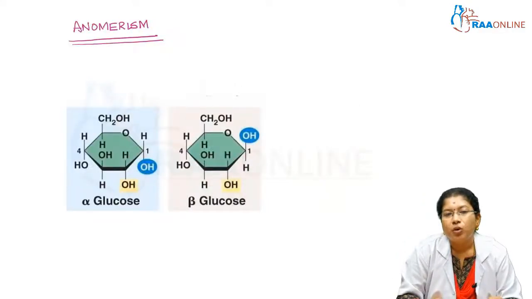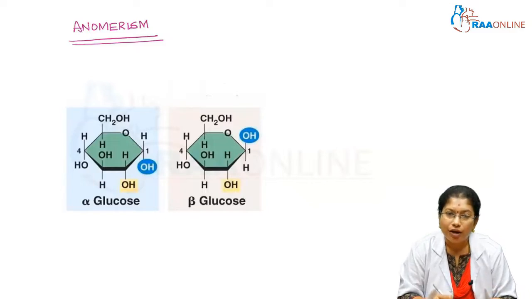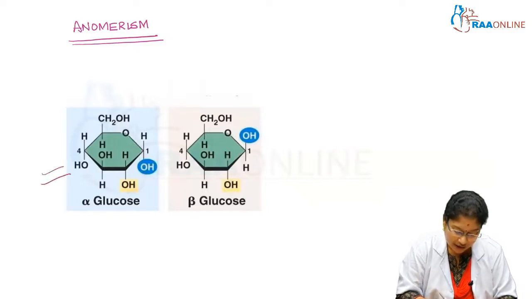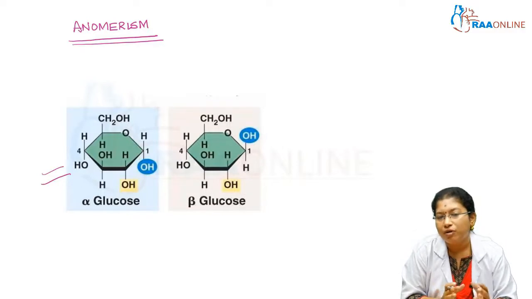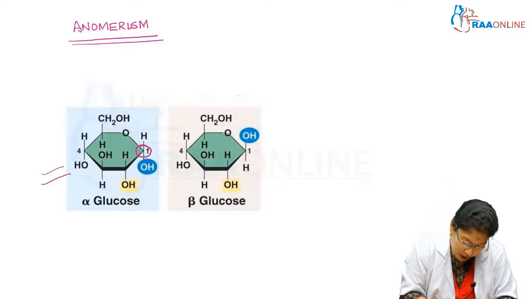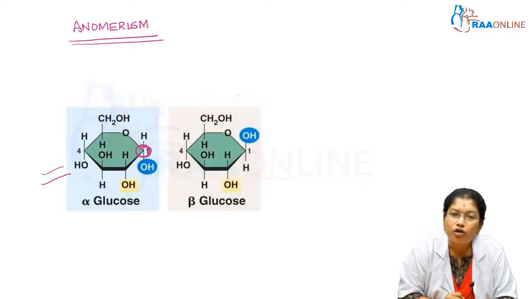Anomerism means glucose exists in the ring form. You can see the glucose existing in the ring form. Here it occurs in the hemiacetal ring form, between carbon 1 and carbon 5. Based on the arrangement of the OH group and H group on the first carbon, it is called anomerism.